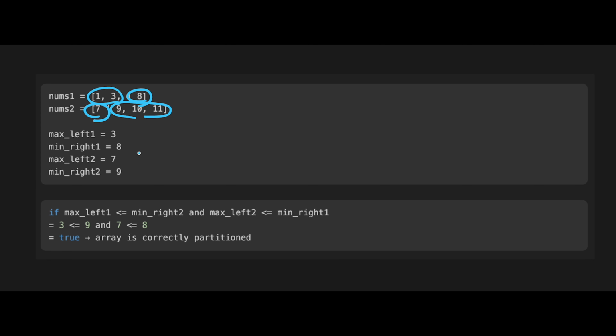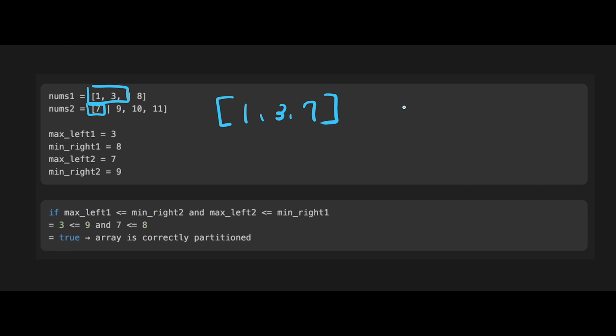That's because the left part is 1, 3 from nums1 and 7 from nums2, right? So we can create a left part like 1, 3, 7. And how about the right side? The right side from nums1 is 8, and 9, 10, 11 from nums2.